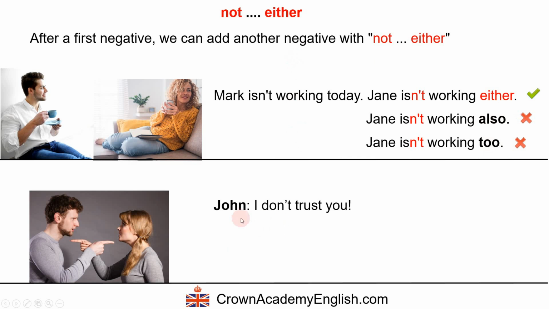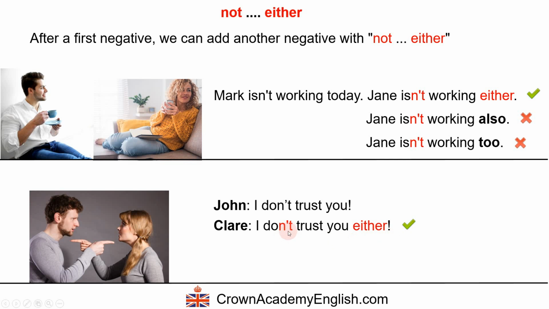A common example, John says, I don't trust you. And Claire says, I don't trust you either. So this is the first negative. After a first negative, this is the first negative, and this is the second negative. And so with the second negative, we use not and either.